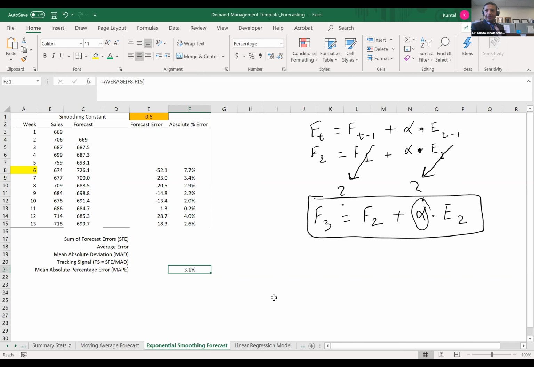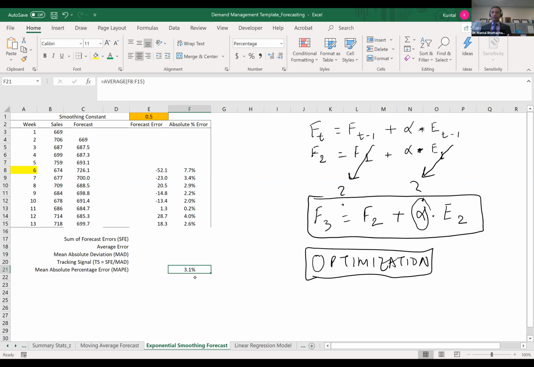I want to minimize that, and in the process I want to figure out what is that smoothing constant that minimizes the mean absolute percent error. This is the basis of the need for optimization.